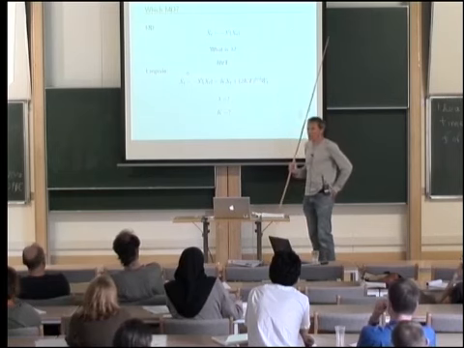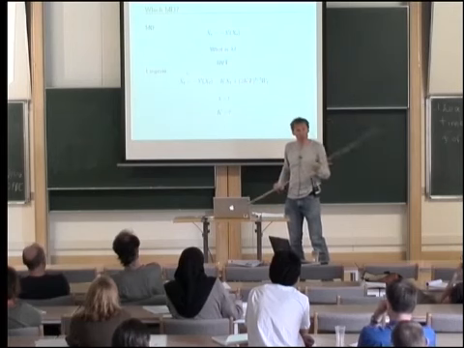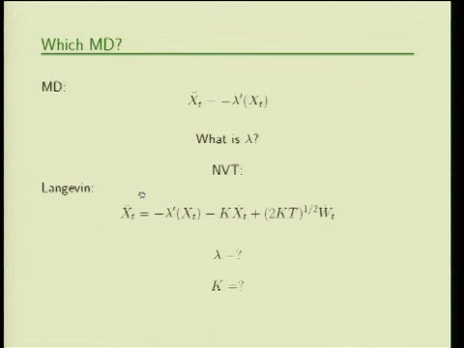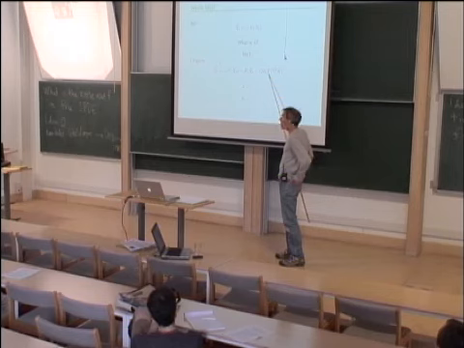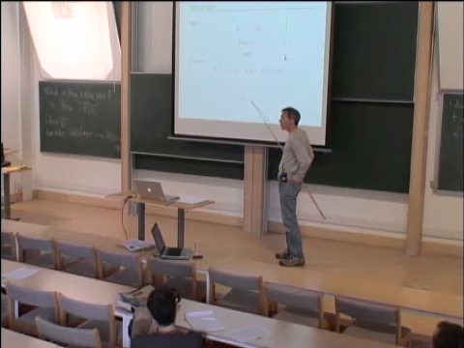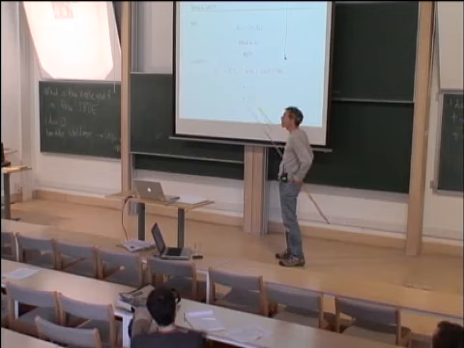Suppose you want to simulate a phase transition at constant temperature. Then one could use the Langevin equation, where you have the particle position, the acceleration, and the forcing from the potential, and you have a friction term, k times the velocity, and then a fluctuation with Brownian motion and the temperature T. So now one can also ask, what is the friction?